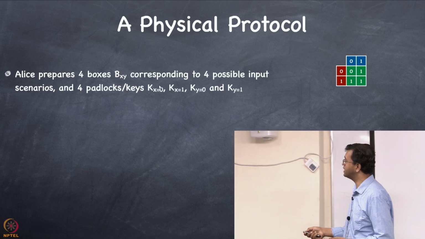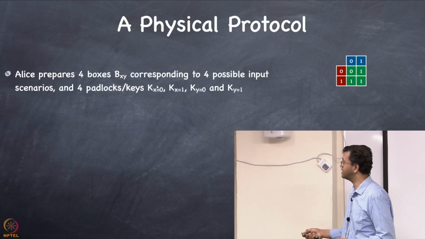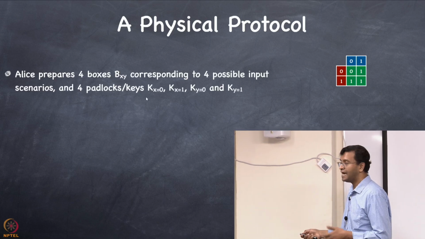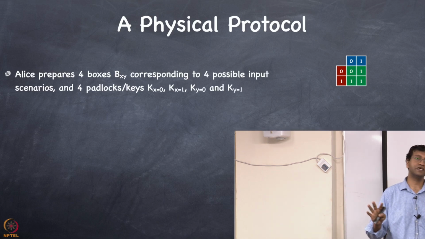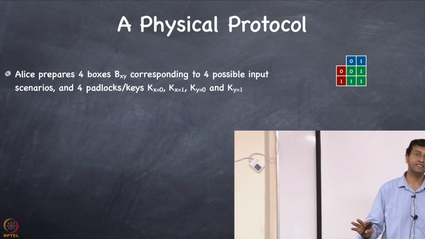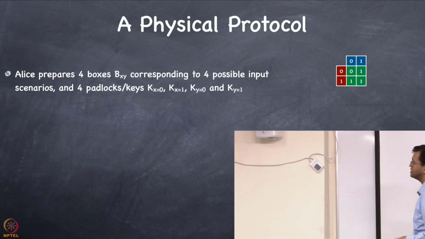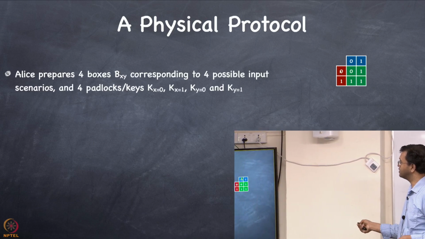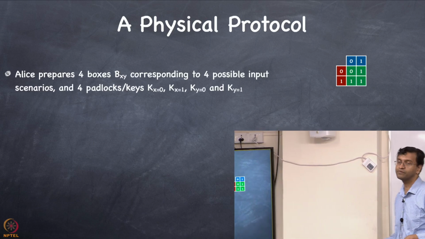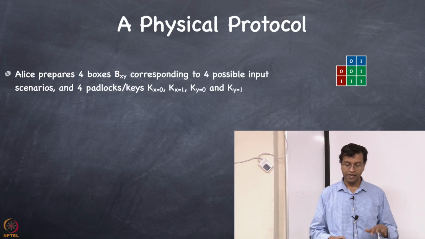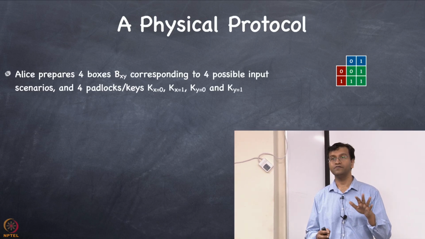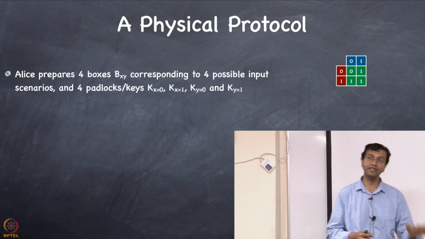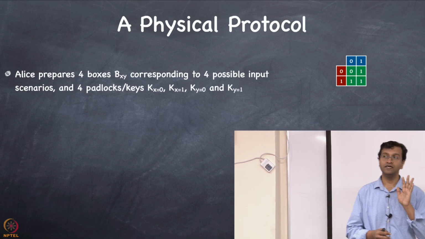So they are labeled as, I'm describing the key here, k sub x equal to 0. There are 2 kinds of keys, x keys and y keys. So x is, say, the input for Alice, y is the input for Bob. And corresponding to each possible value that x and y can take, there is a key.